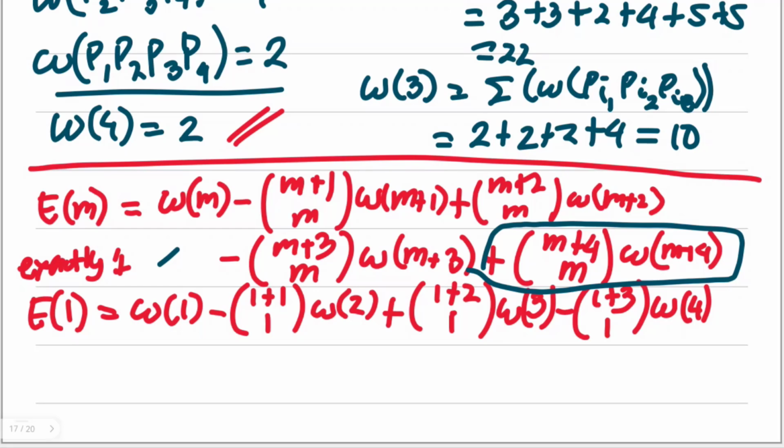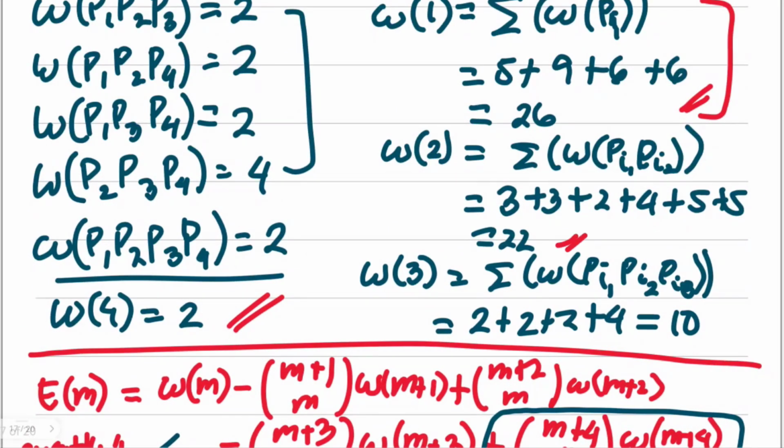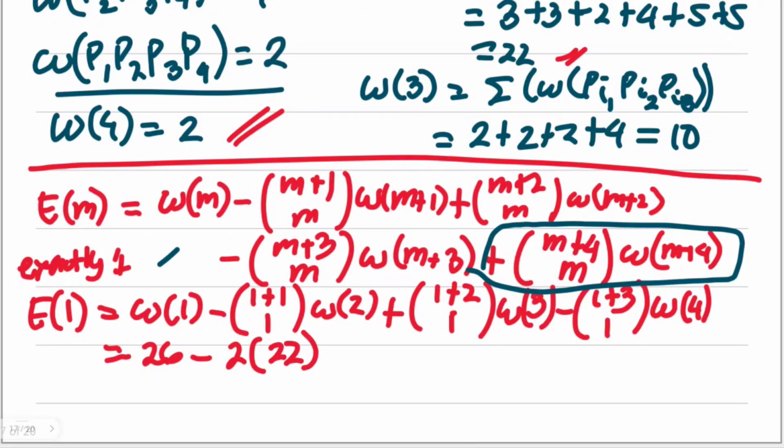Okay? So if it's exactly 1, our result would be 26 minus 2 taken 1, which is just equal to 2, times omega of 2, 22, plus 3 taken 1 is 3. Then you have here times 10, that's your value here, minus 4 taken 1 is also 4 times this value 2.